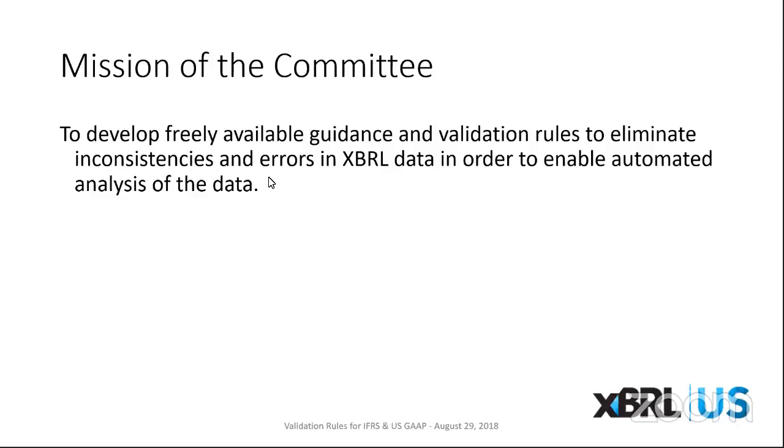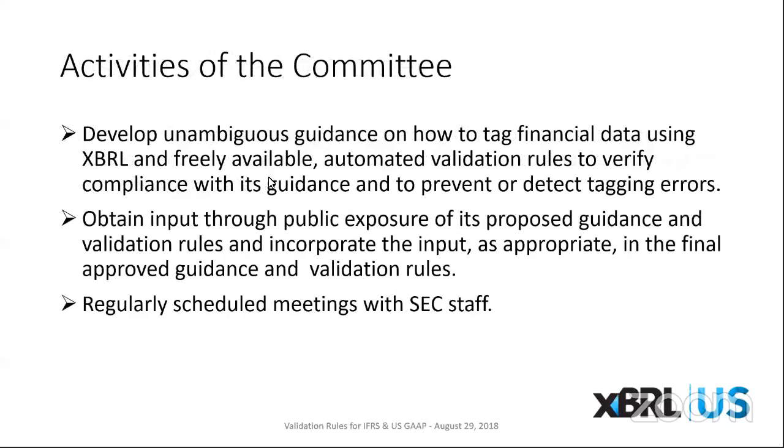So that's the mission. On the next slide, the activities of the committee. The first one is to develop unambiguous guidance on how to tag financial data using XBRL and freely available automated validation rules to verify compliance with the guidance and prevent or detect tagging errors.